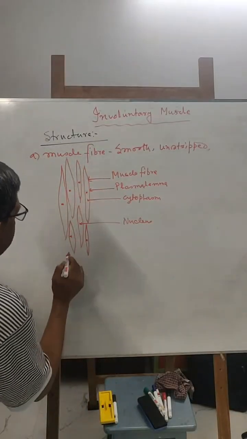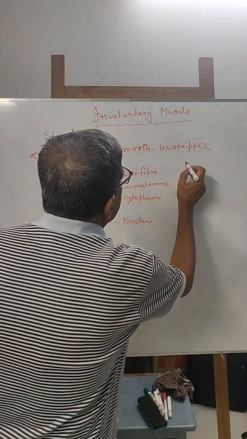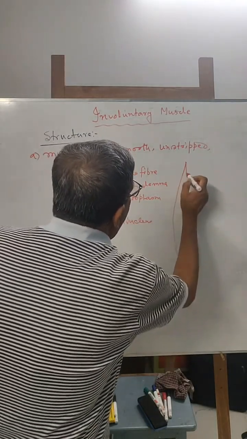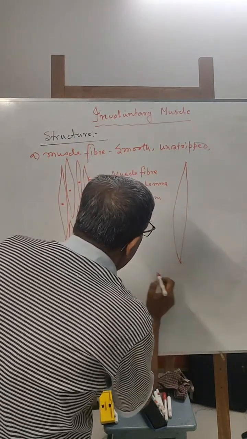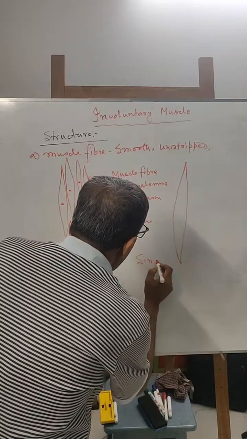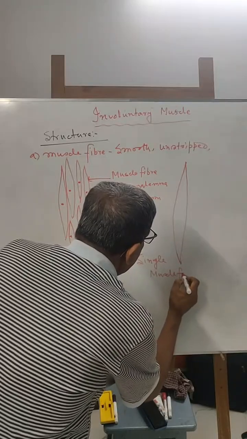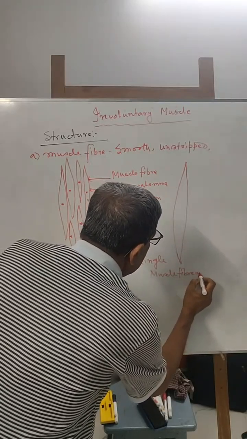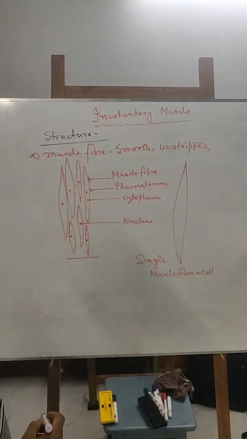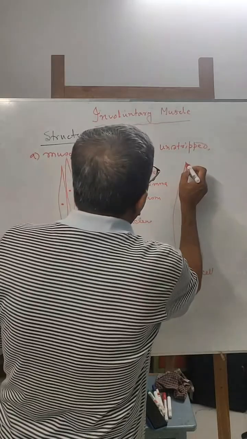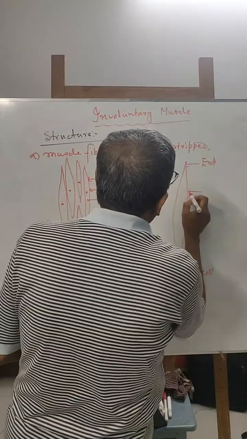This is the smooth muscle. Only one muscle fiber, a single muscle fiber, the muscle cell. The end is a tapering end. This is the plasmalemma.